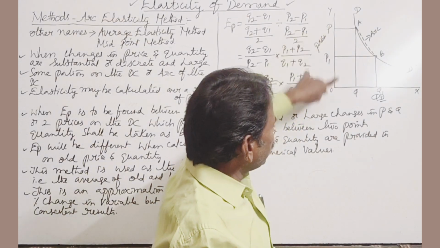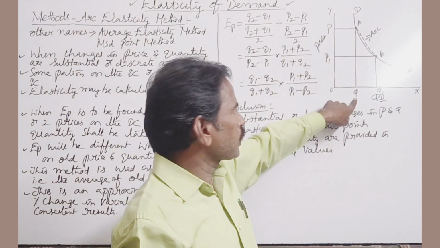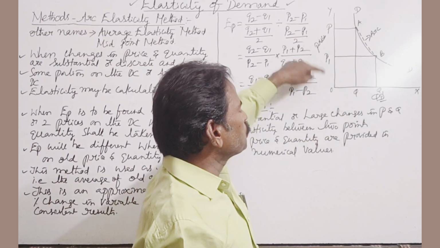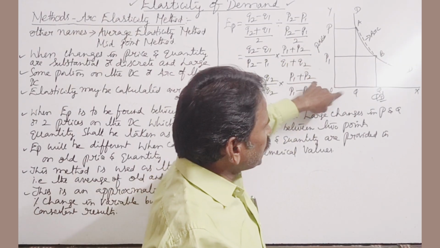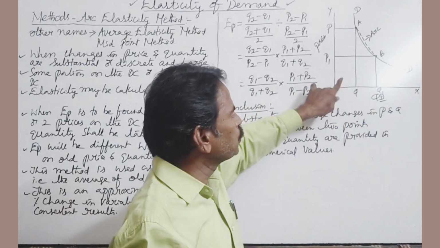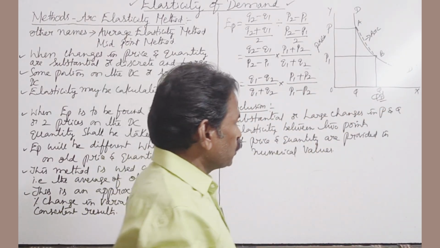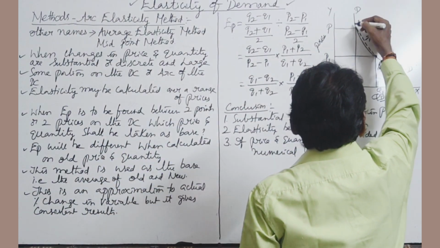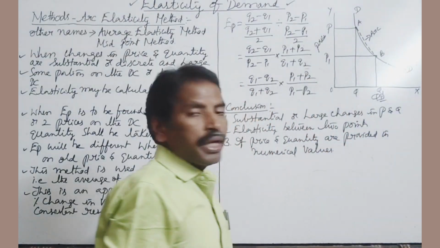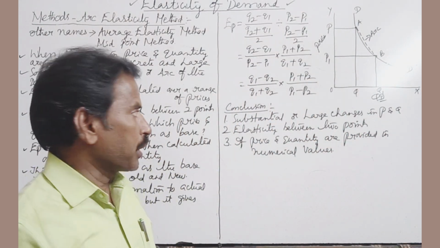Original price is OP, original quantity is OQ. When price falls, new price is OP1 and quantity increases from OQ to OQ1. Then you draw the demand curve, DD.